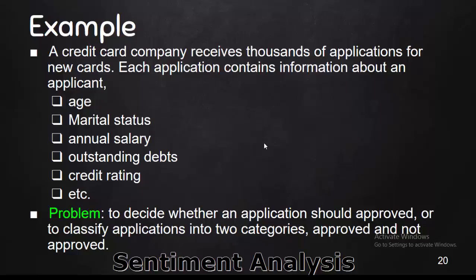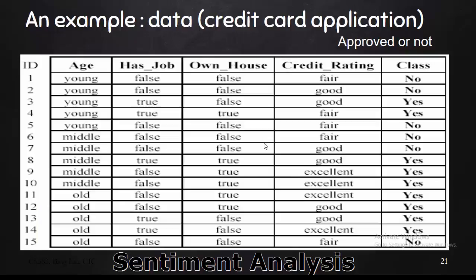So this can be solved by sentiment analysis. On the top, you can see age, has a job, own house, credit rating, and class. These are the attributes, the information in the application. And the class is for whether it is approved or not.